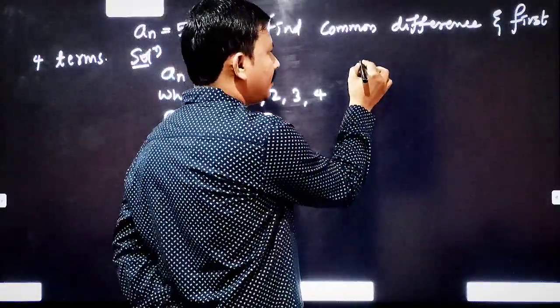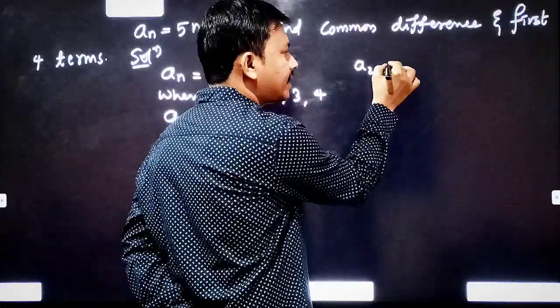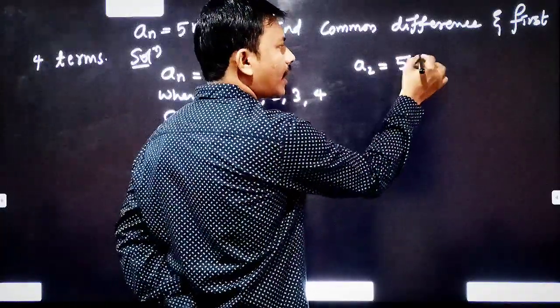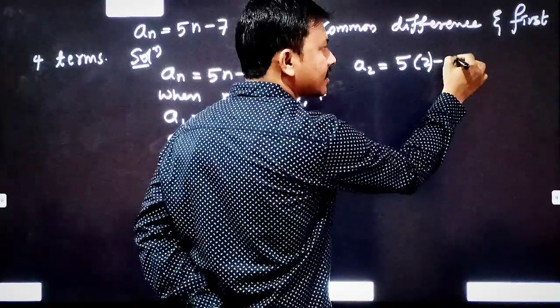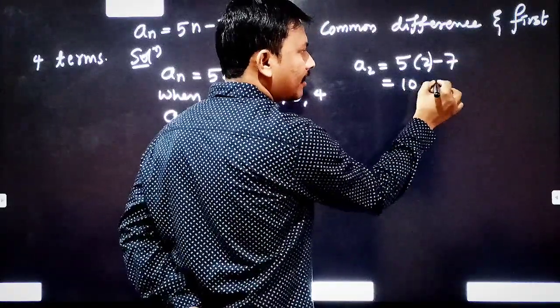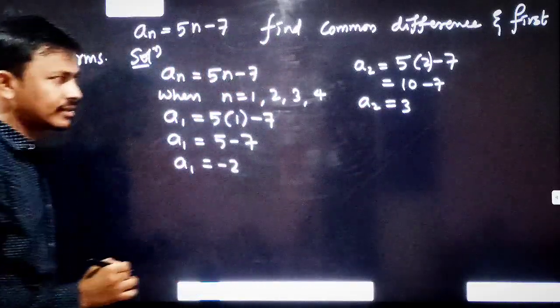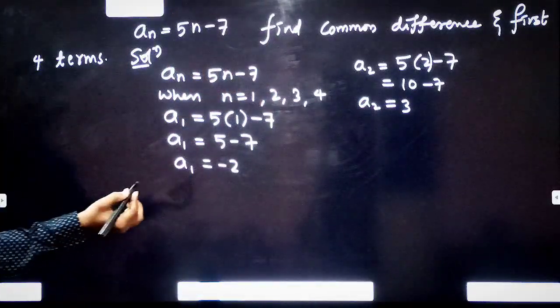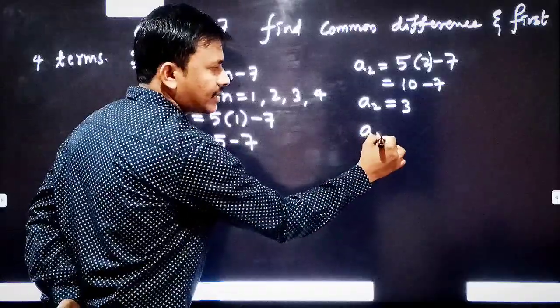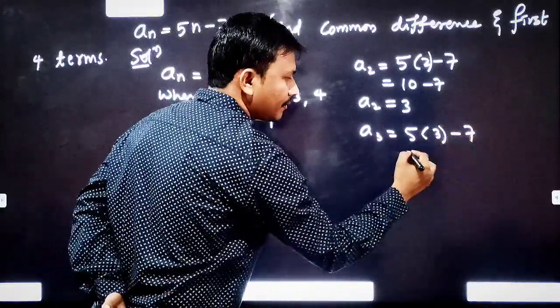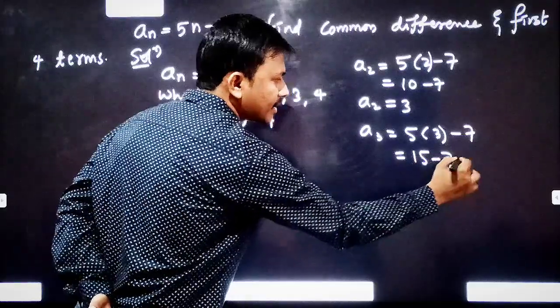Similarly, second term, n is equal to 2. a2 is equal to 5 in bracket 2 minus 7. 5 twos are 10 minus 7. What is the answer? 3. a2 is 3. Then a3 is equal to 5 in bracket 3 minus 7. 5 threes are 15 minus 7.